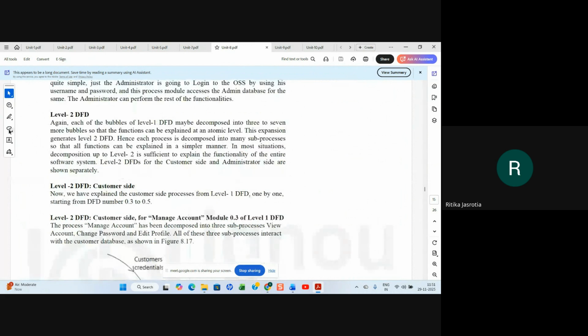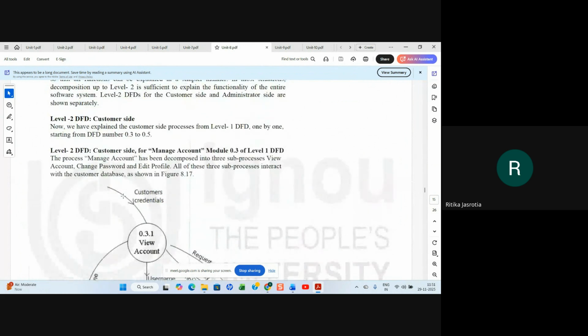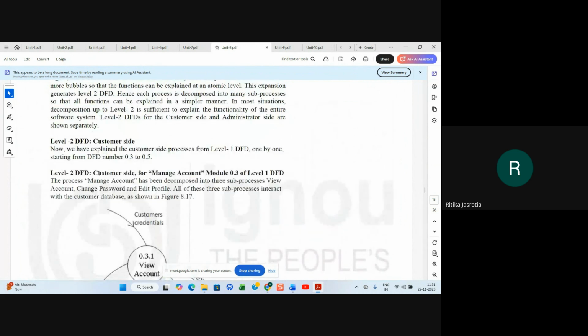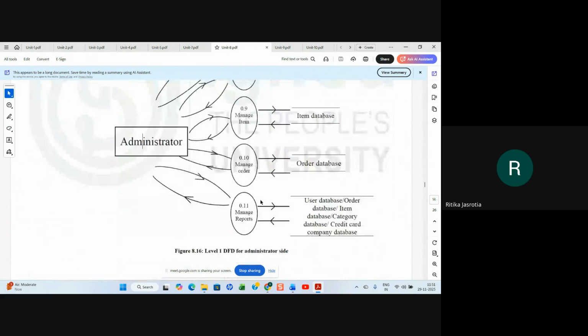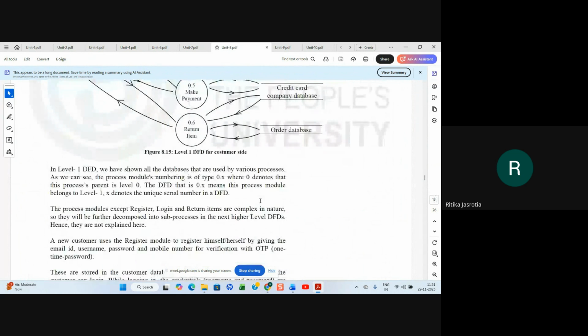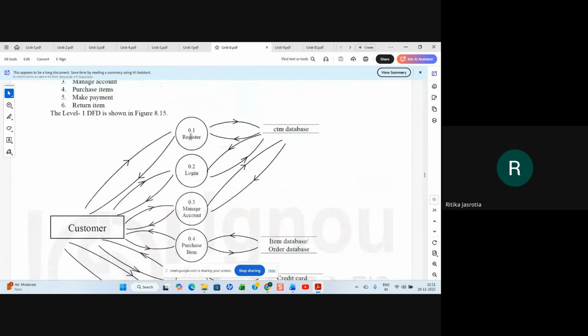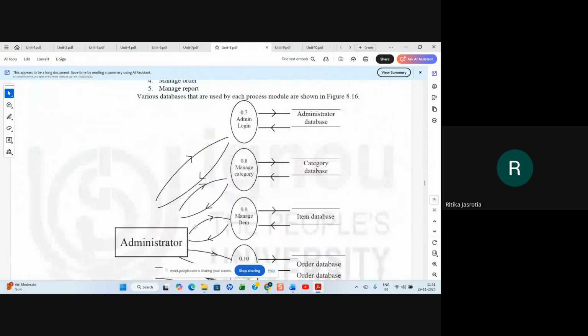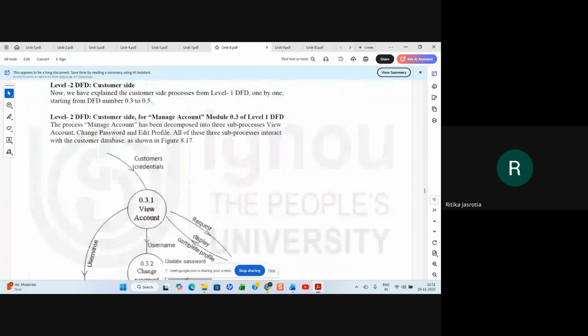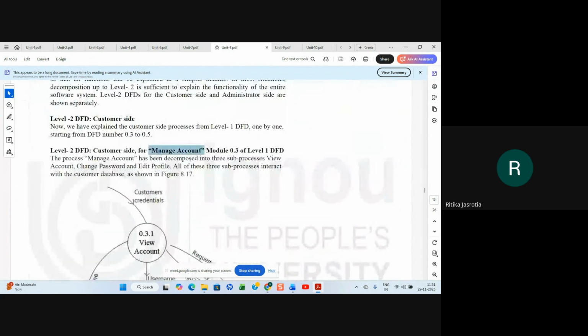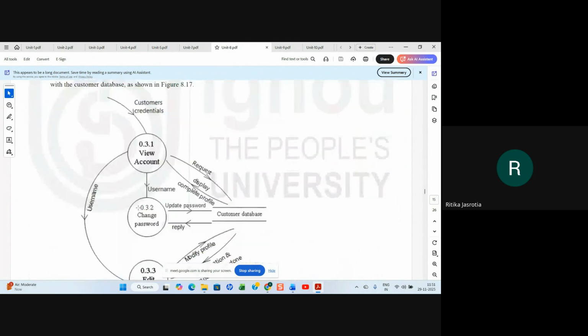Then level 2 DFD, they are talking about level 2 from the customer side. In level 1, the different parts you have distributed, any one, either register, login, manage account you can explain further in second level, or purchase item, or multiple you can explain. Here they are explaining the manage account part in level 2 DFD.